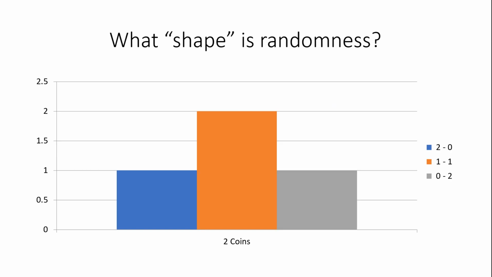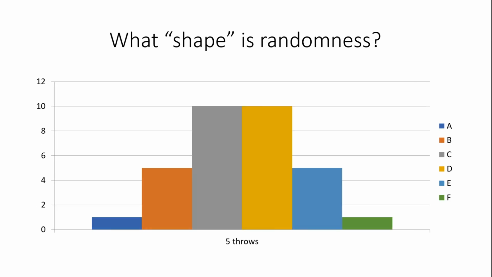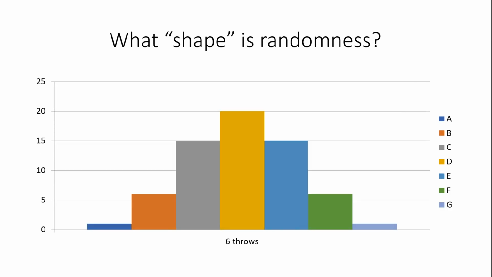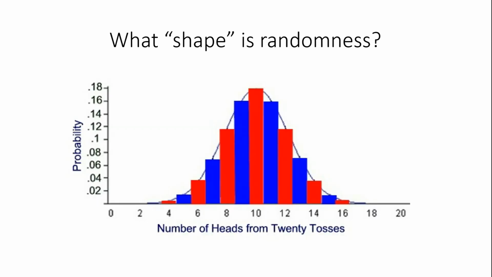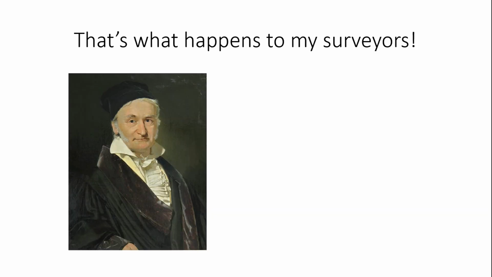If we have two coins and throw them 1,000,000 times, we expect to see 1/4 both heads, 1/4 both tails, and the rest are half and half. What about 3 coins? Well, 3 and 0, 2 and 1, 1 and 2, 0 and 3. 4 coins, 5 coins, 6 coins, 11 coins, 20 coins, 100 coins. You see the shape that's evolving here?